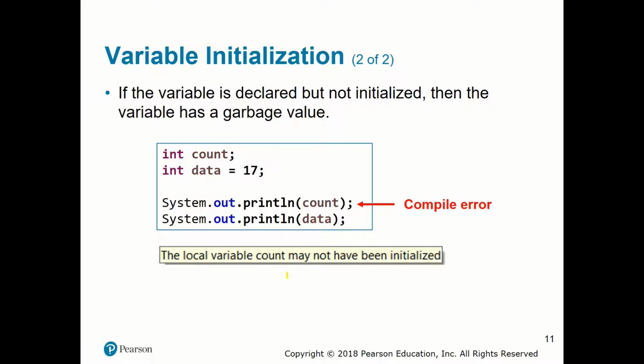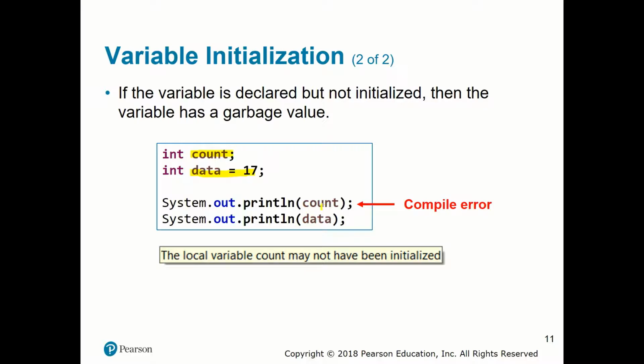If you just declare a variable without initialization, it still has a garbage value. So the variable should not be output at this time. For example, count has not been initialized, so count has a garbage value, and data is initialized to 17. Here we are trying to print out count and data.